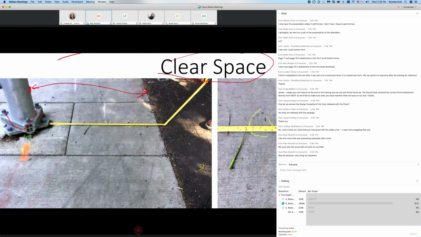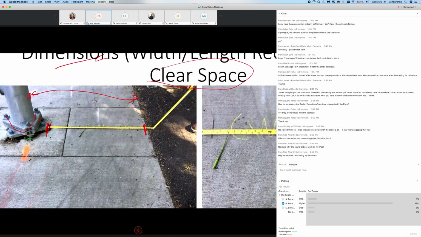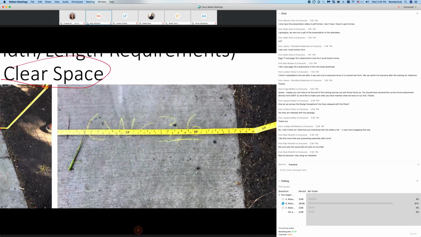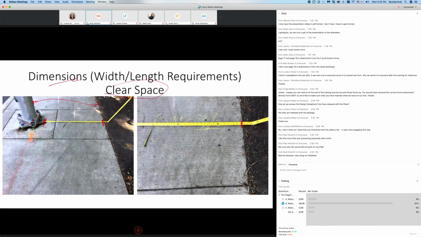So the clear space comes from here to here, not from the face. So make sure you check on this, designers. In this case, it was 3.7 inches, while it's supposed to be 4 feet.